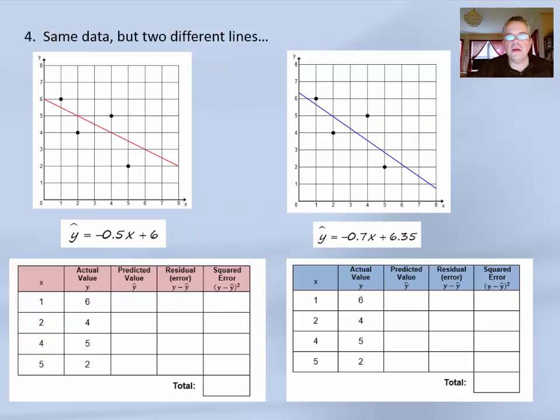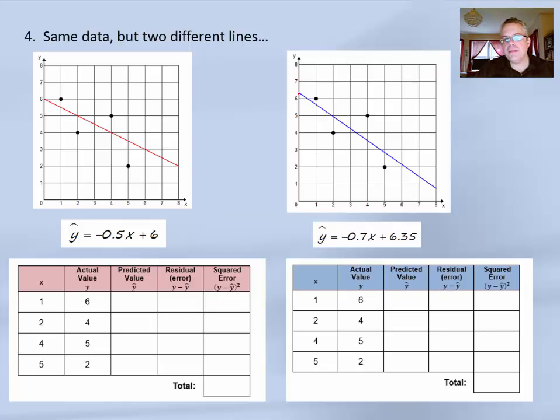Okay. All right. In my next graph, I'm going to complete 2 tables, and we'll try to plow through this so it doesn't take too long. But I have the same data set in both graphs. We have 4 data points. The first graph has an okay line. It looks pretty good. Comes pretty close to the points. And it is y hat equals -0.5x plus 6. The second line here is not very different.